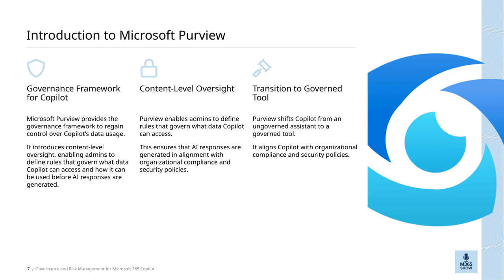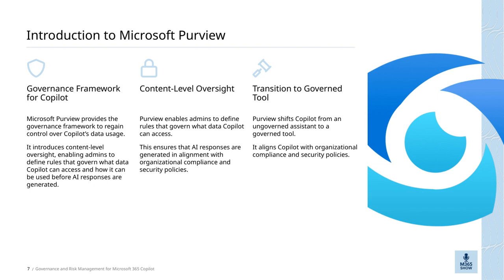Purview allows administrators to define specific rules that determine what data Copilot can access. This is important because it ensures that the AI's responses are generated within the boundaries we set, keeping everything secure and compliant. It's about maintaining control over the data that Copilot interacts with.